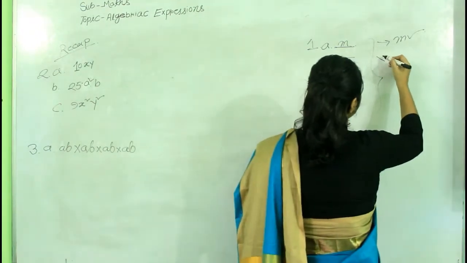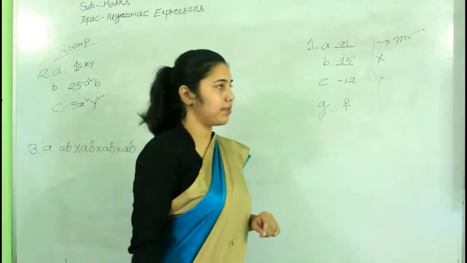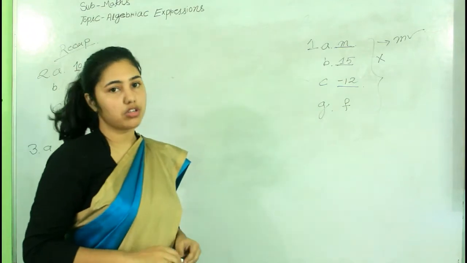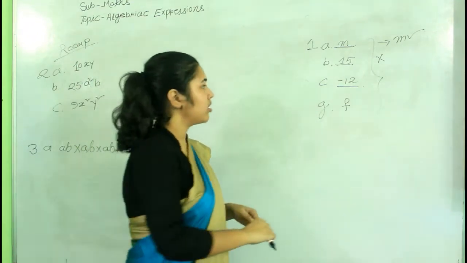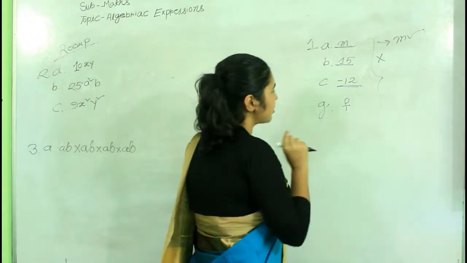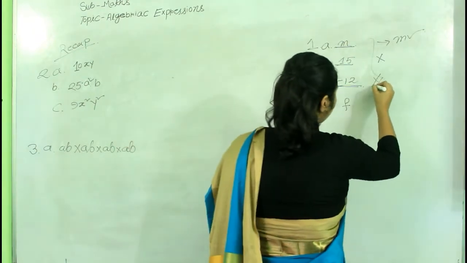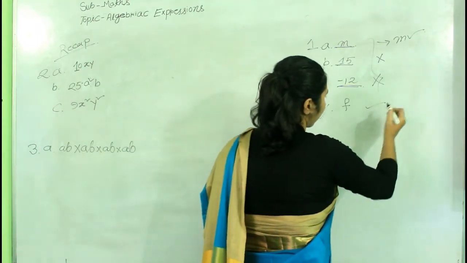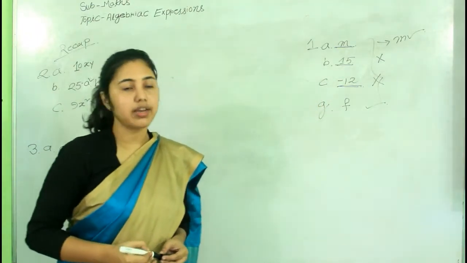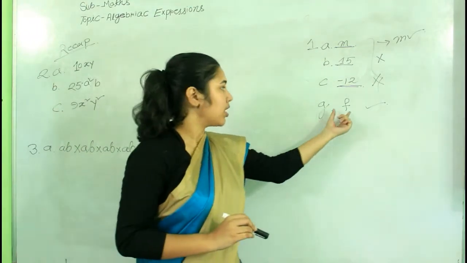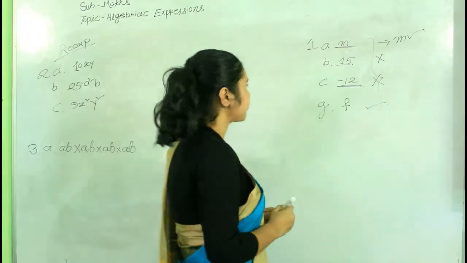So this is not a variable. Next, minus 12. Minus 12 is also a negative integer, right? So this is also a fixed value, which means this is also not a variable. Next, a is a variable, right? Because you can assume any rational value in place of a.